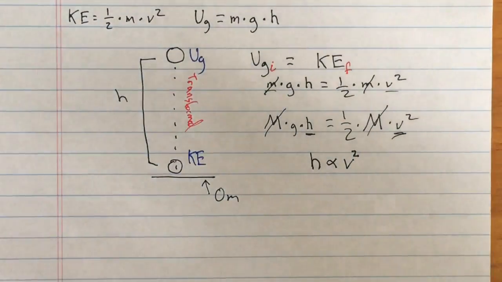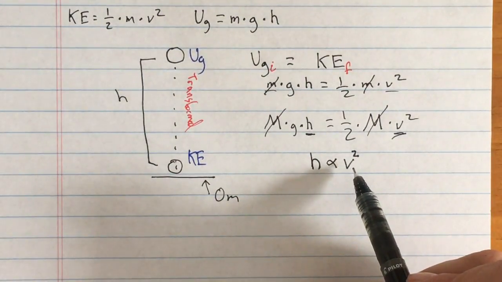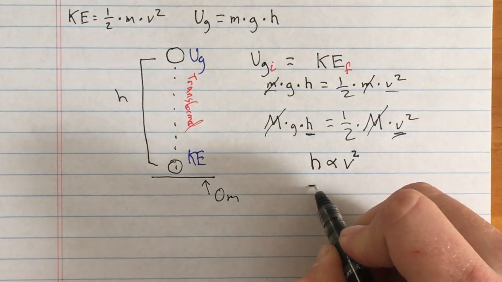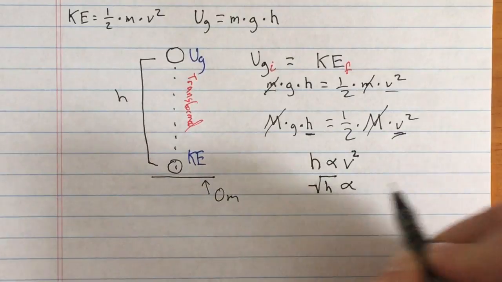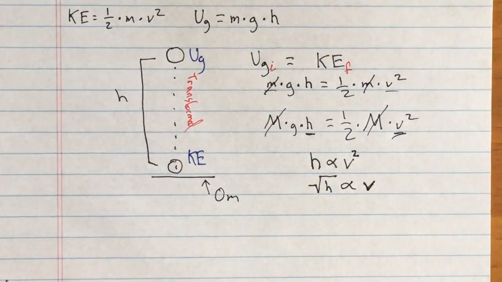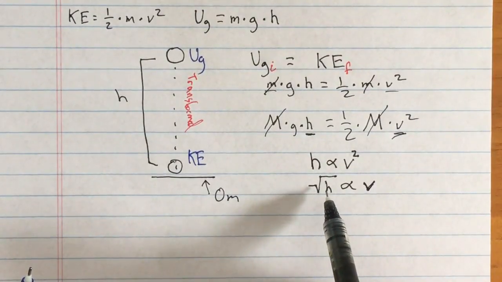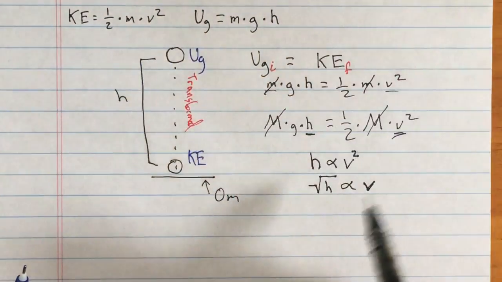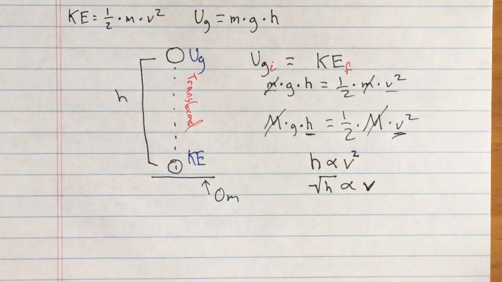What does that mean? Well, let's first solve for velocity and just go, the square root of the height is proportional to the velocity. That's pretty much saying the same thing. How does the height that you drop an object affect the velocity at the bottom of the ramp or the bottom of the drop?